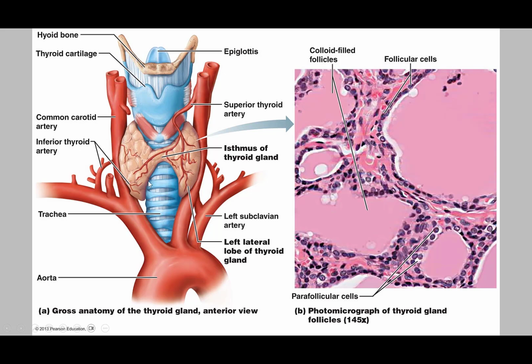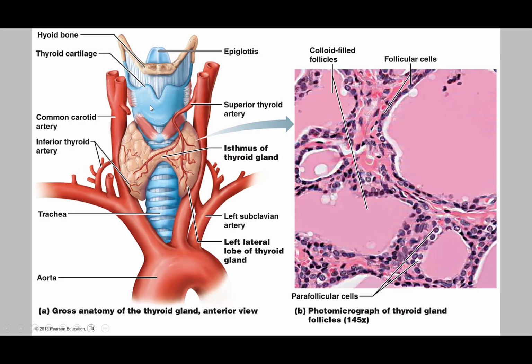And the thyroid wraps around the trachea, the windpipe. And it's kind of shaped like a letter H, or a capital letter H. It's got two larger areas on each side called lobes. So we have the right lobe and the left lobe of the thyroid, and they're connected by this small little cross bridge right here called the isthmus of the thyroid gland.